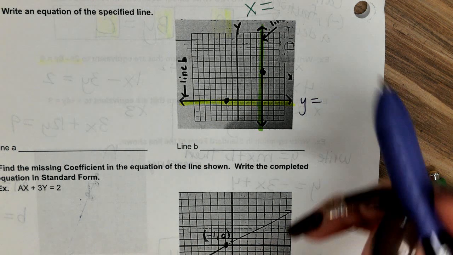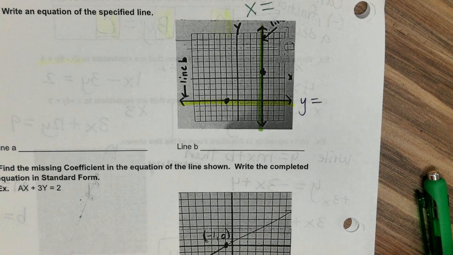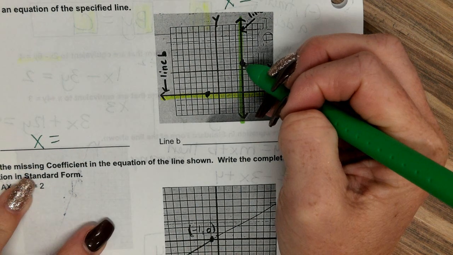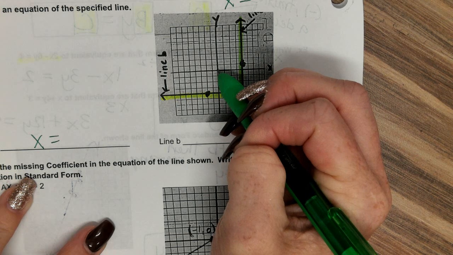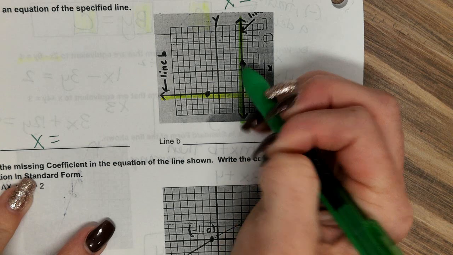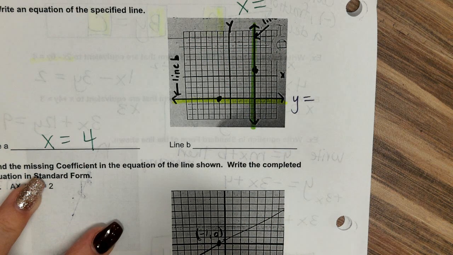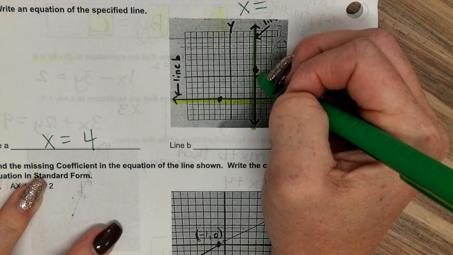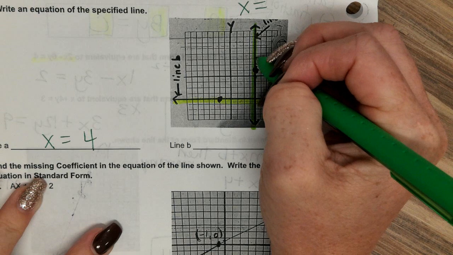All right, so let's do line A, and it's right here. Line A is x equals, and we just need to see where is it at on the x-axis. Well, here's 0. So that's 1, 2, 3, 4. So x equals 4. Why is it x equals 4? Because no matter where you're at, this is 4, 1; 4, 2; 4, 3; 4, 4.